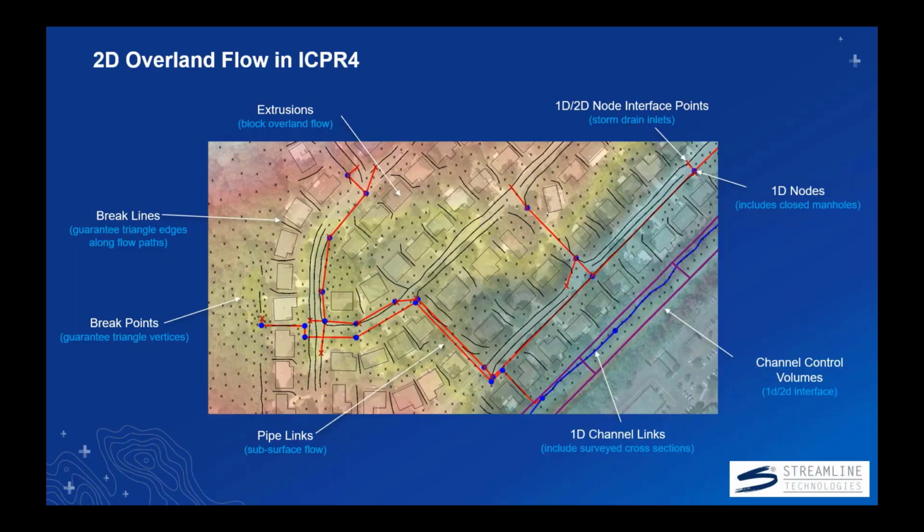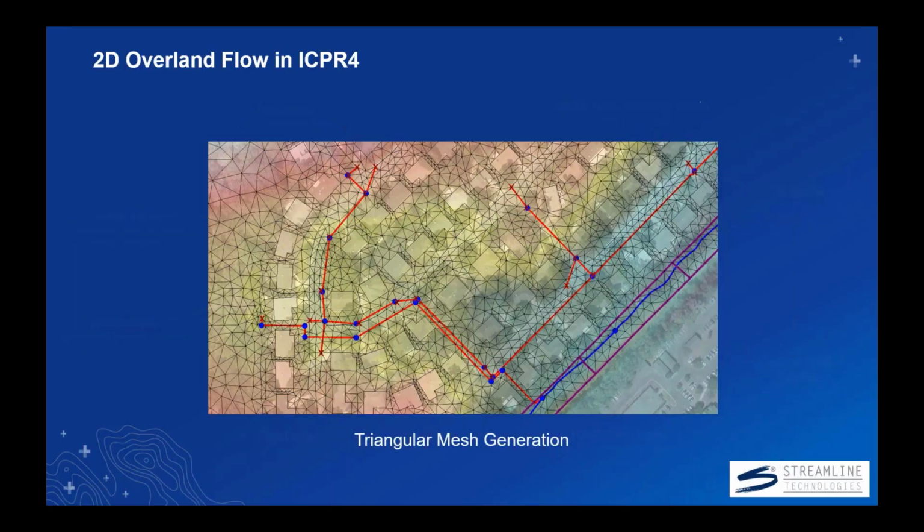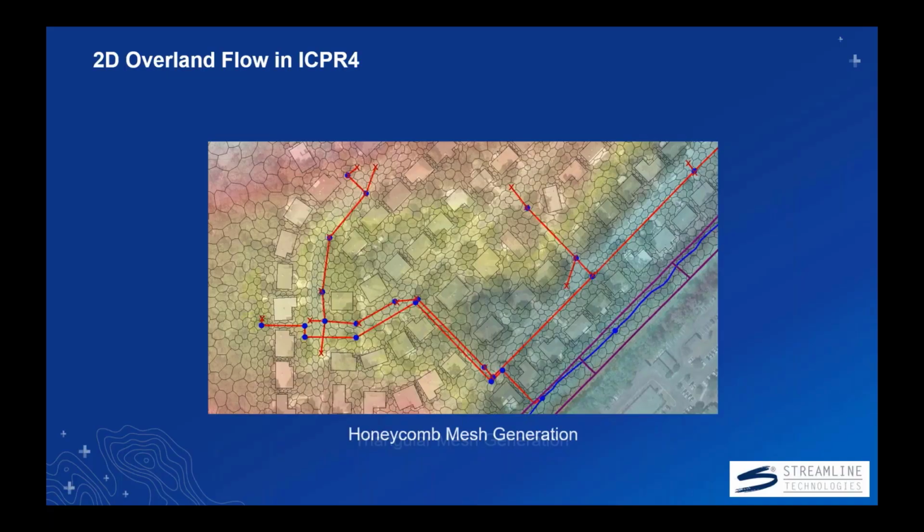For those, we just use regular 1D node types. We can put in 1D channel links with surveyed cross sections, pipe links. We can refine the mesh by using break lines and breakpoints. And so from all of those graphical elements, we build the triangular mesh. And then from the triangular mesh, we derive the honeycomb mesh.